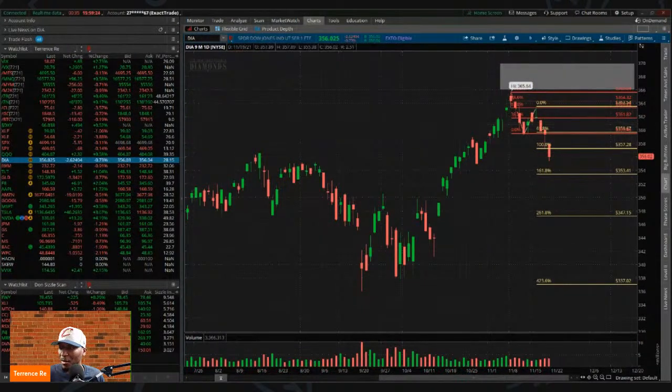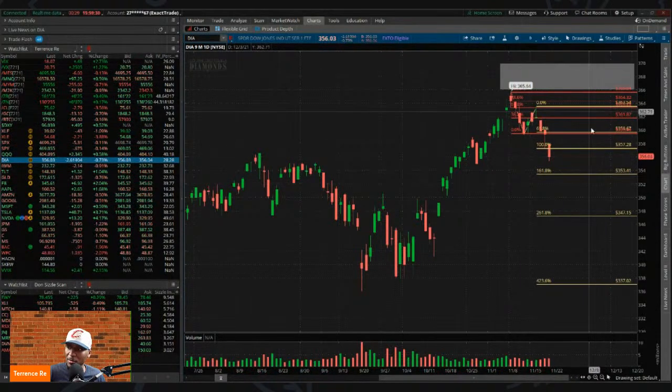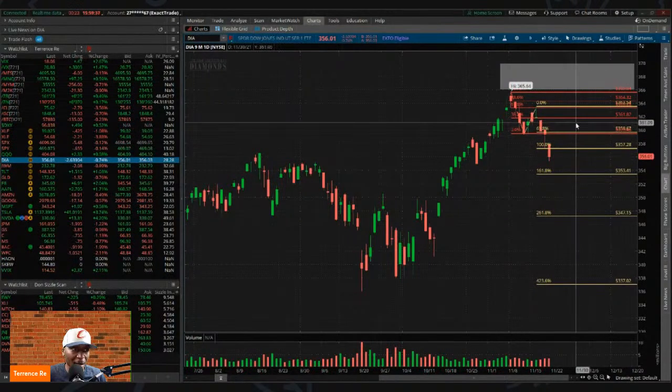So if the market stays where it's at, keeps going down, which I think that it will, I don't know for sure, or stays within this range, I win. It can go sideways, I win. That's the beauty of being able to sell options.